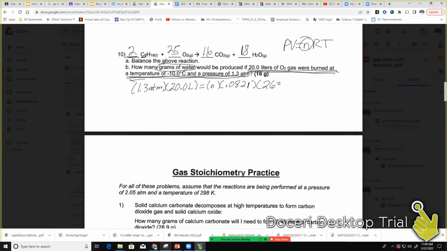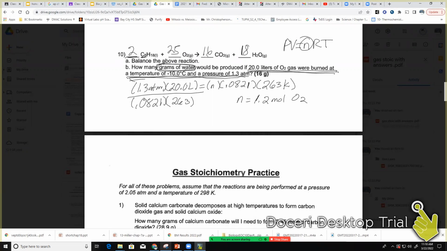And 263 K. All right, all of that to get my moles of water. 0.0821 times 263. Not moles of water, I'm sorry, moles of oxygen. So how many moles of oxygen did we get? 1.2 moles of oxygen, but I'm not finished because I want to get grams of water.